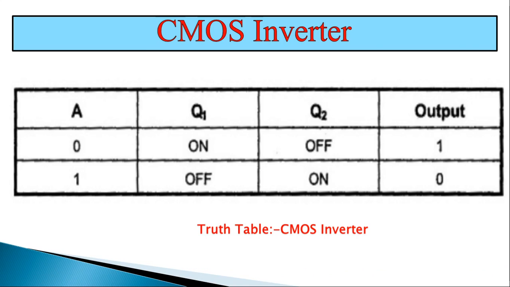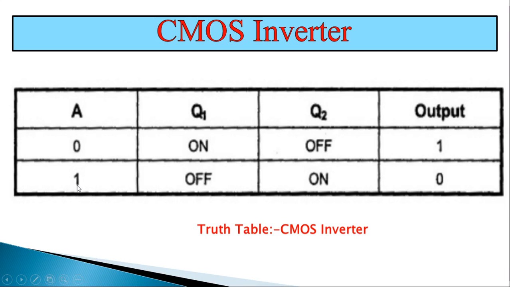Then this figure shows the truth table of NOT gate or inverter. It shows when A equal to 0, at that time the P channel MOSFET, that is transistor Q1, remains on and the transistor Q2, that is N channel MOSFET, remains off, and it gives the output equal to 1.